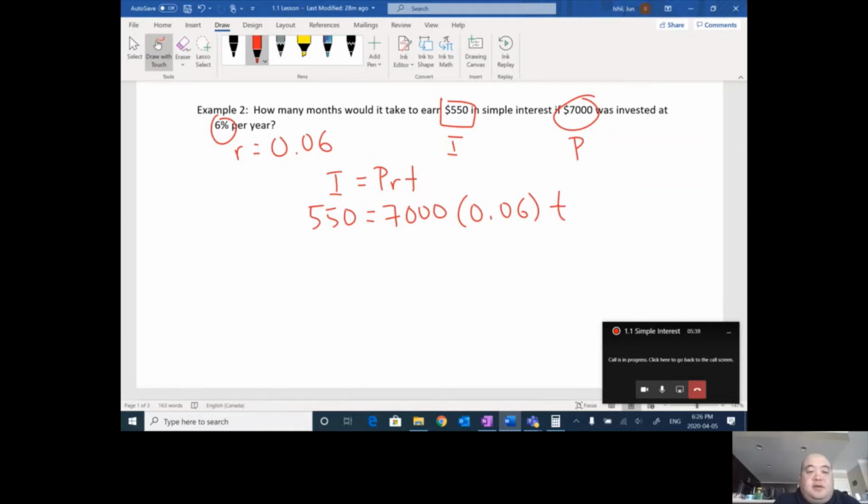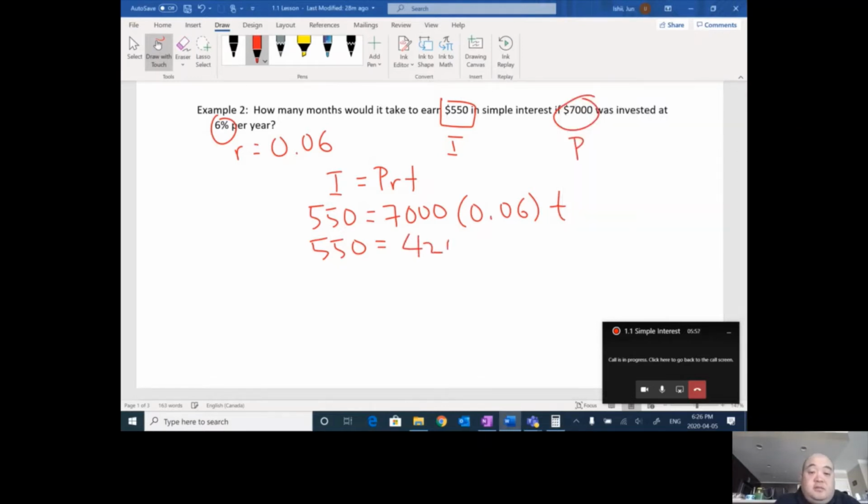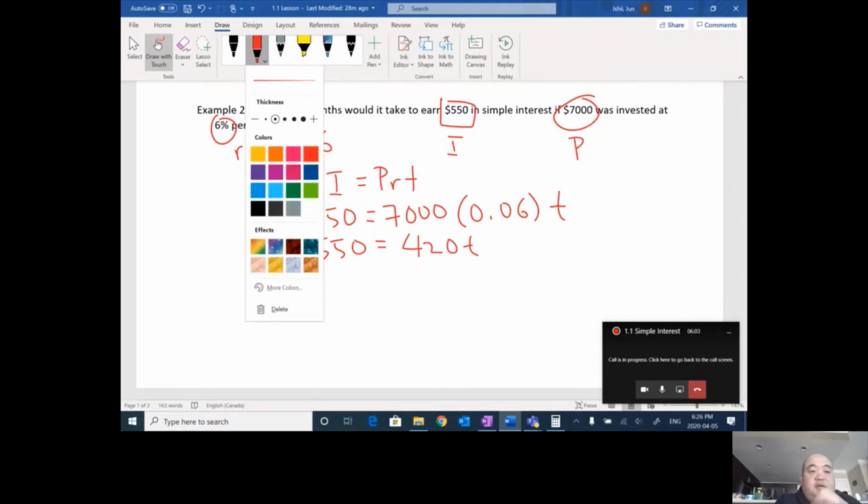If I want to solve for t, I'm going to multiply the 7,000 with 0.06, and we get 420t. To solve for t, we have to divide both sides by 420.